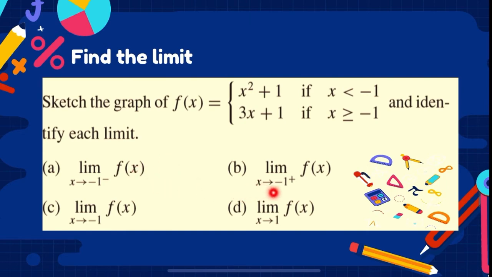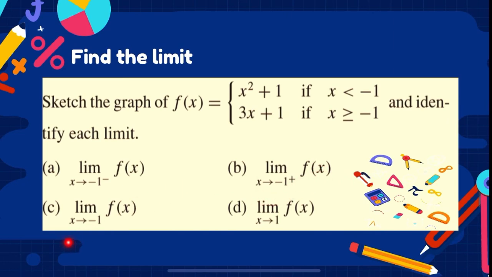And then when x approaches negative 1 from the right side, which means that x is greater than negative 1, we'll use this equation and substitute negative 1 in it. So 3 times negative 1 is negative 3, plus 1 is negative 2. So f of x is negative 2 when x approaches negative 1 from the right side.